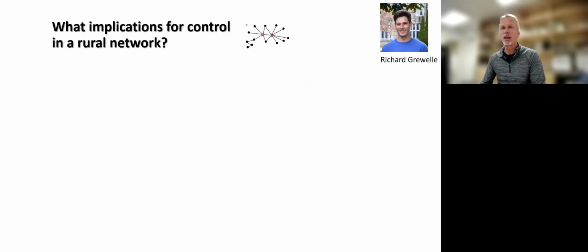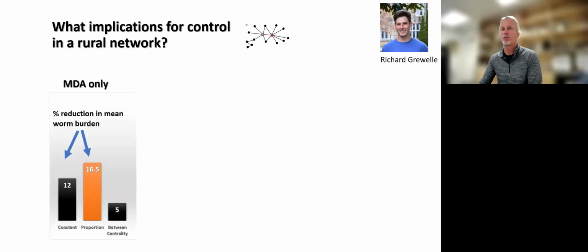The point is, again, what do we do with that? What are the implications for control, especially in rural networks where the prevalence of infection is the highest? So here we look at what we can do if we have to administer praziquantel, the drug of choice for removing the parasites from people, in what we call a program of mass drug administration.